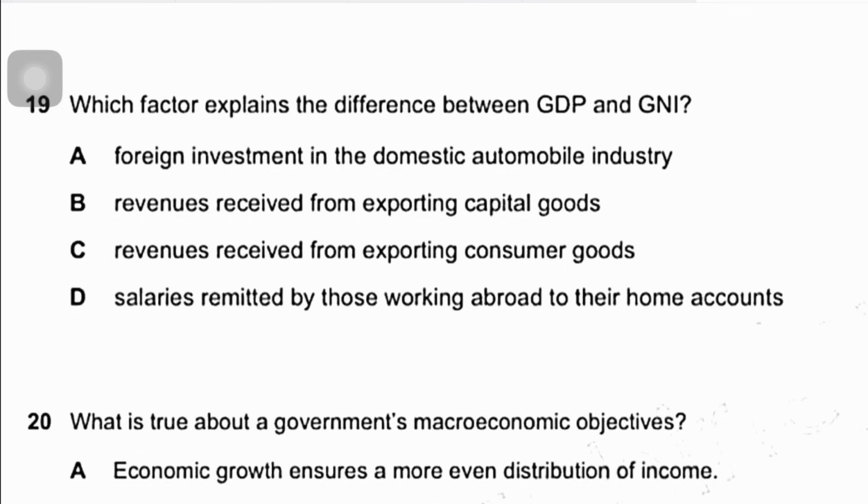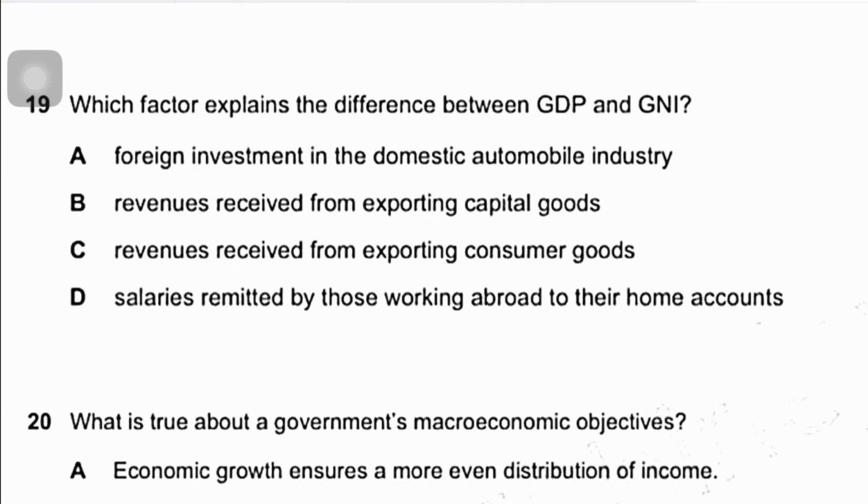Foreign investment would basically increase your GDP by boosting domestic production, but it will not directly impact GNI unless and until that investment is generating income in the form of profits or dividends for residents abroad. And so this would be the incorrect answer, right?